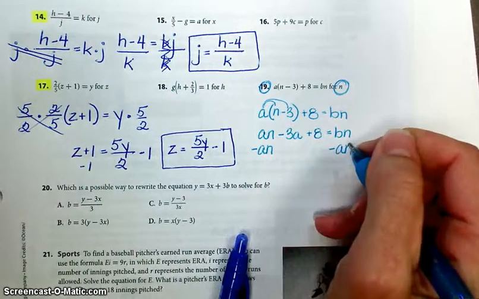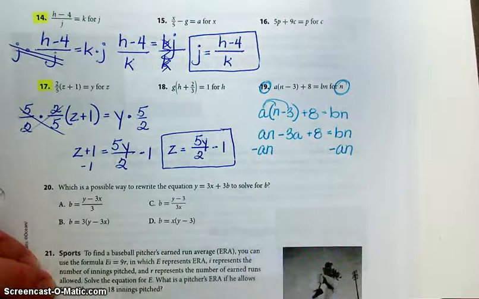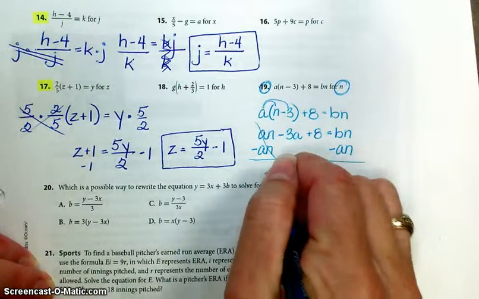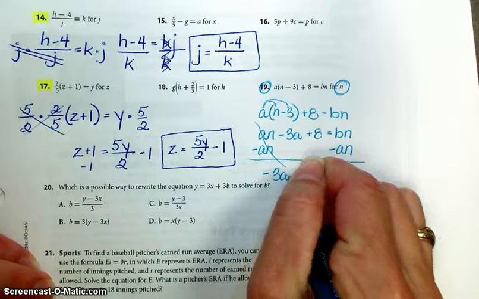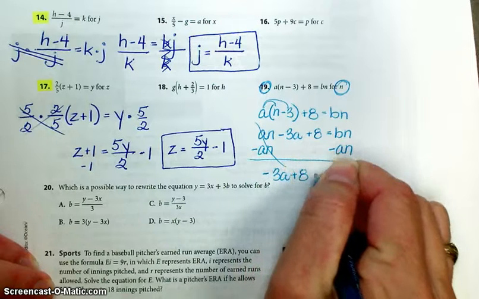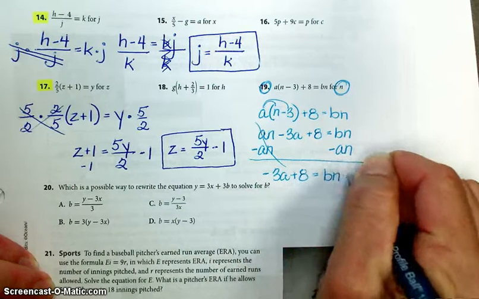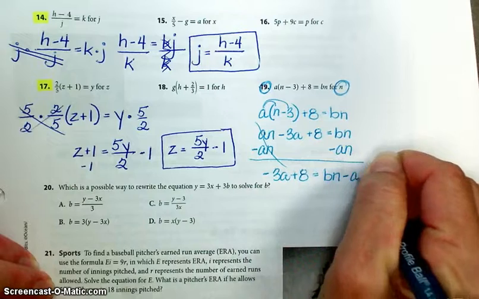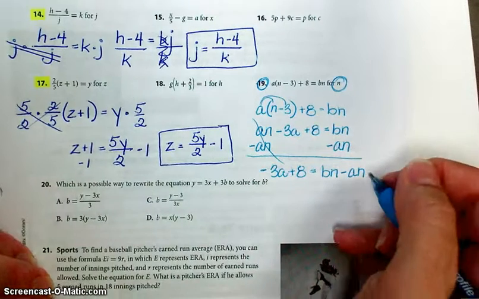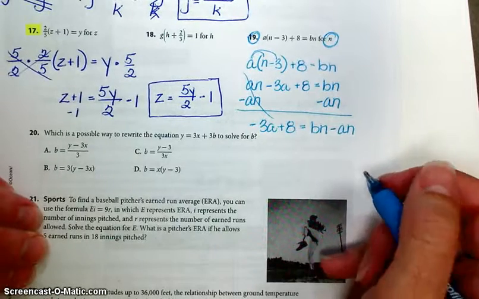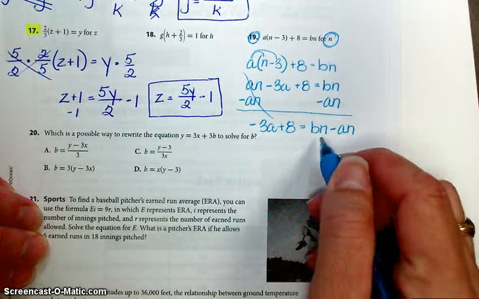Because remember, to move an entire term, you're doing that just using addition and subtraction. I get negative 3a plus 8 equals bn minus an.